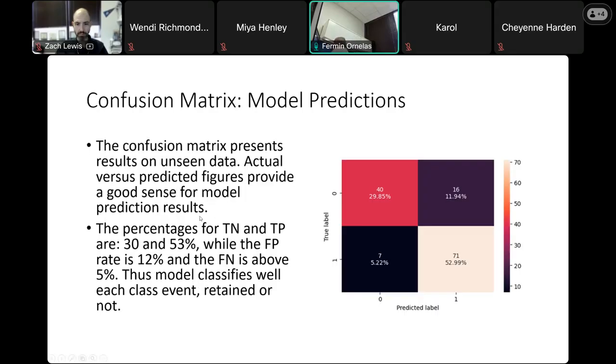Can we go to the next slide? And here, I'm giving you the simulation of the testing data set. In other words, here we pretend that the model hasn't seen the data.